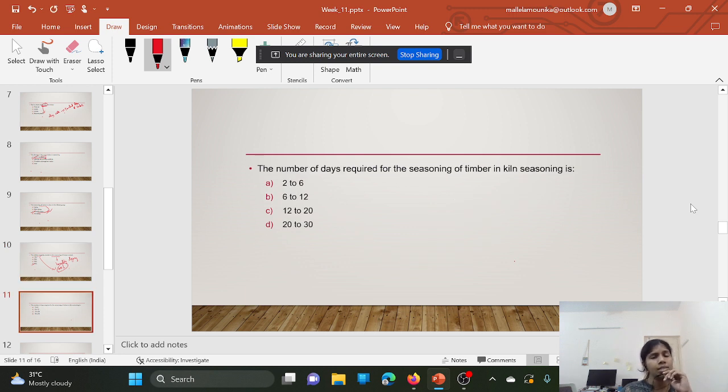And the number of days required for kiln seasoning of timber is around 12 to 20 days.